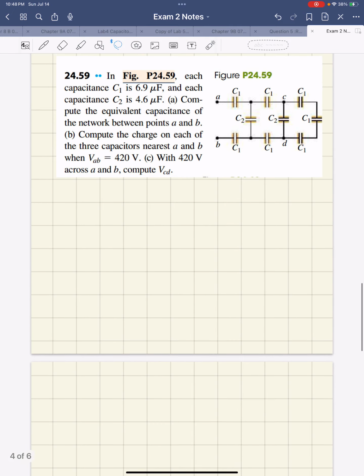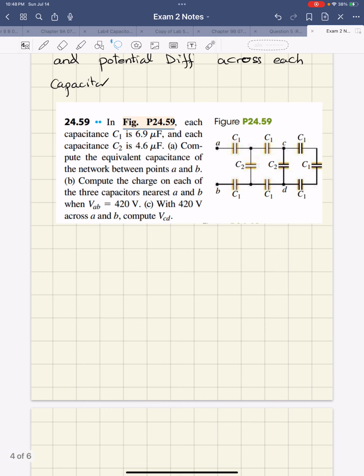I will say always when I do the equivalent capacitance, even if they call them all C1, I feel it's easier for me to say this is C1, this is C2, this is C3, this is C4, this is C5. I will label them C6, C7, then this one C7, and that one is C8, and this one is C9.